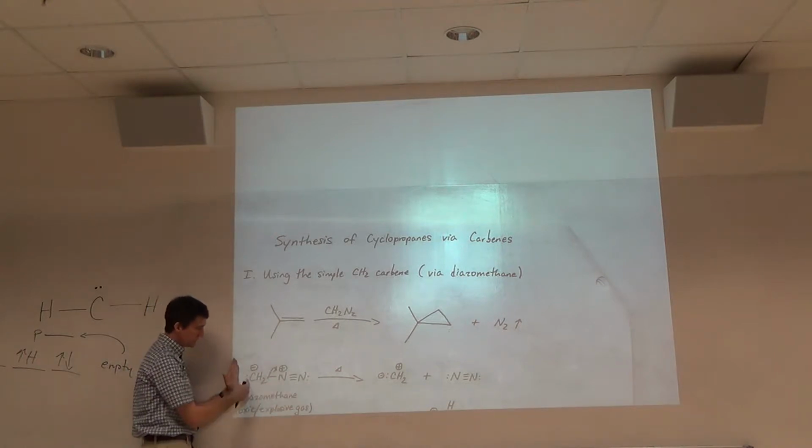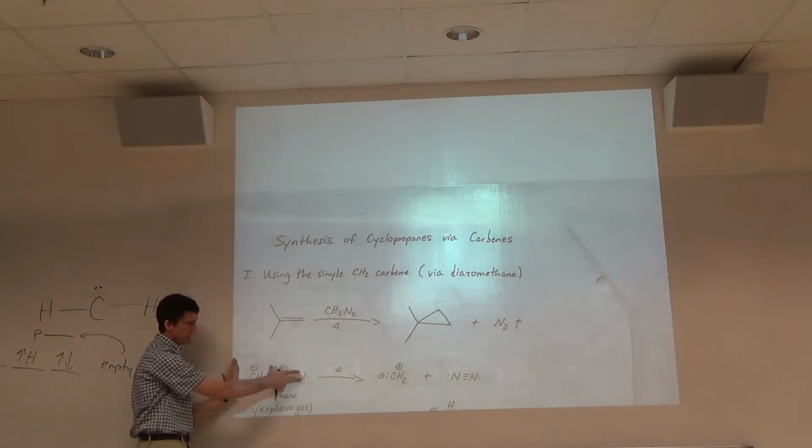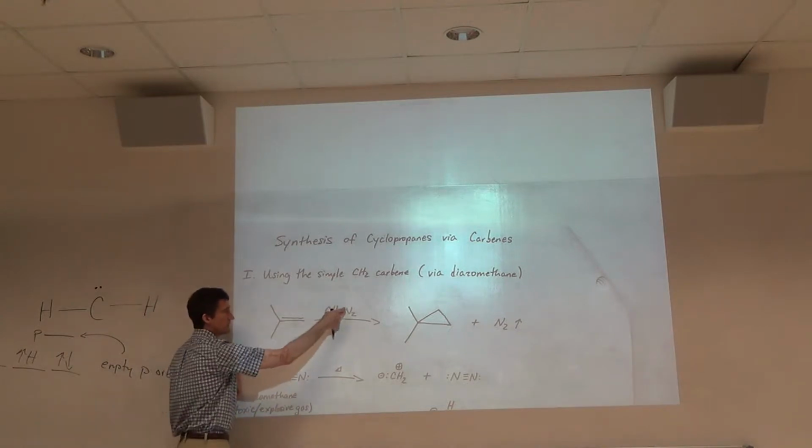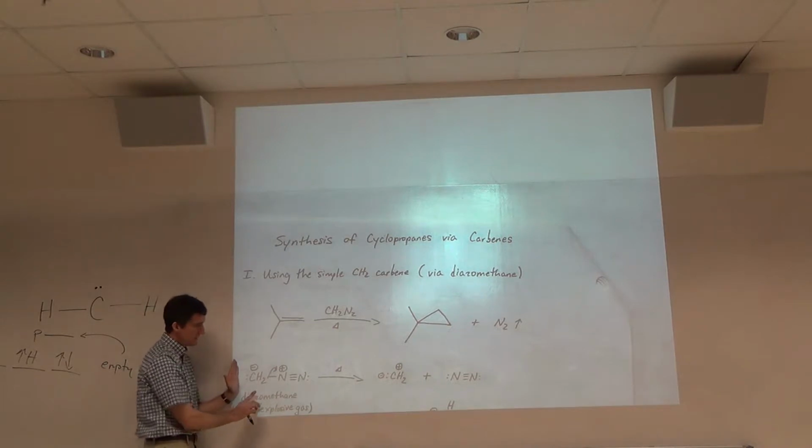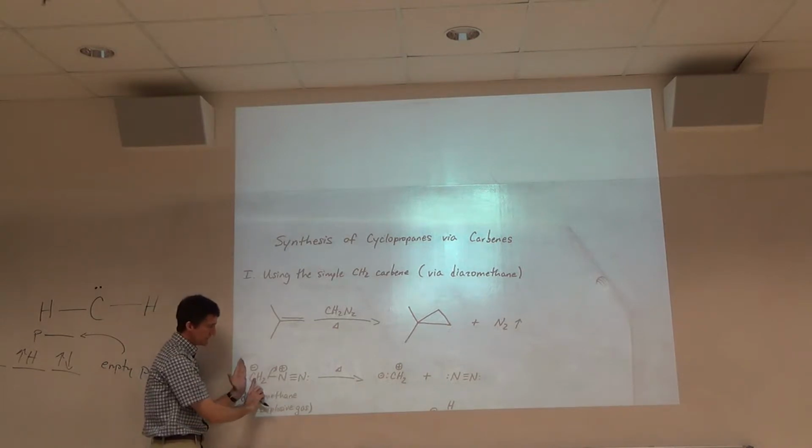And in this Lewis structure, you can see how you get to this point. That's a minus, that's a plus. Net neutral. It's a neutral molecule. If you heat this, the nitrogen will just leave.